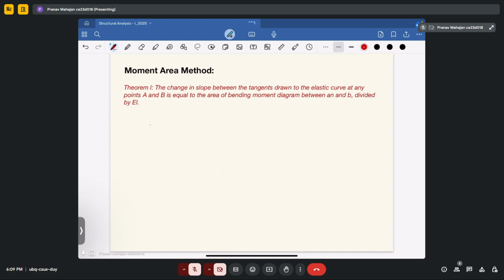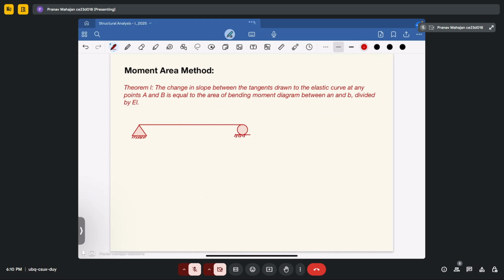Suppose you have a beam. Let me draw one beam. Suppose this is your simply supported beam having a hinge at one end and a roller support at the other.